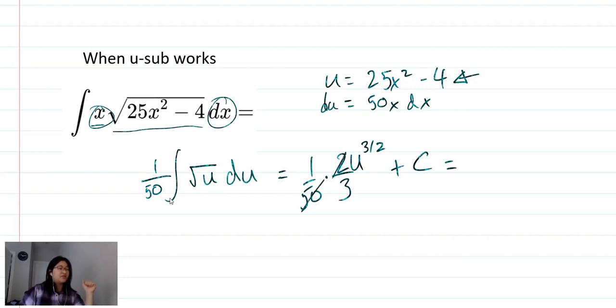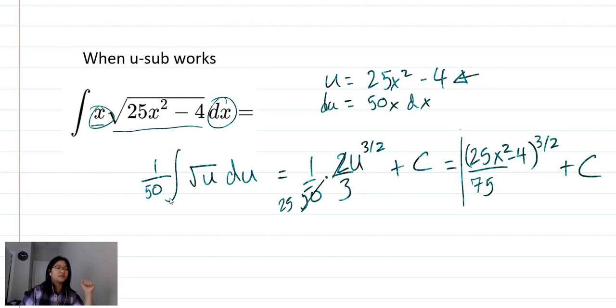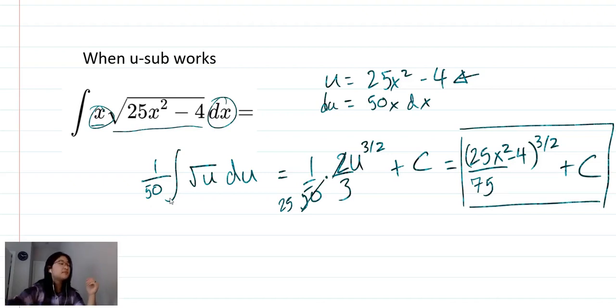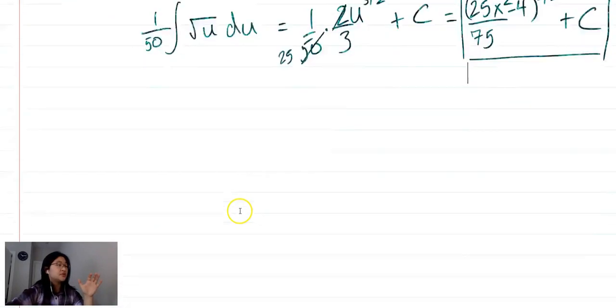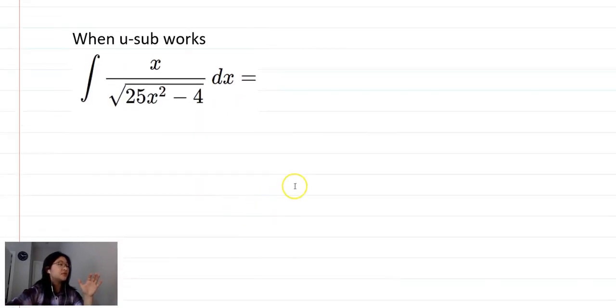The 2 and the 50 go to 25, so then we have over 75, 25x squared minus 4 to the 3/2 power plus c. So there we go. That's when u substitution does work. We don't have anything with division or anything here. So that's really nice.